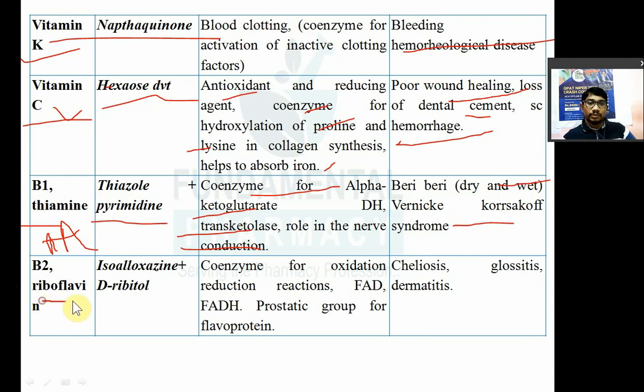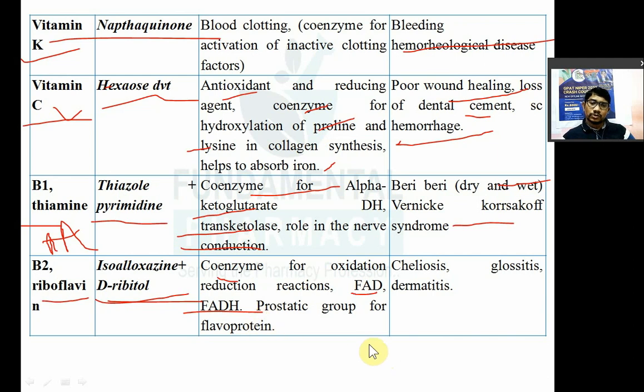Next comes riboflavin, vitamin B2. Remember the ring: it has an isoalloxazine ring plus a D-ribitol sugar. It acts as a coenzyme for oxidation reduction reactions. It has coenzymes like FAD, flavin adenine dinucleotide, and FADH2.